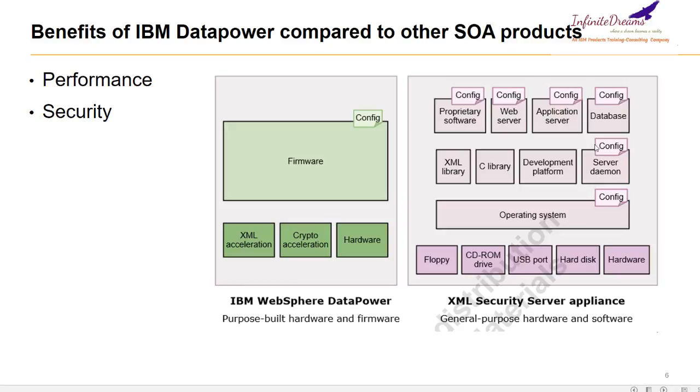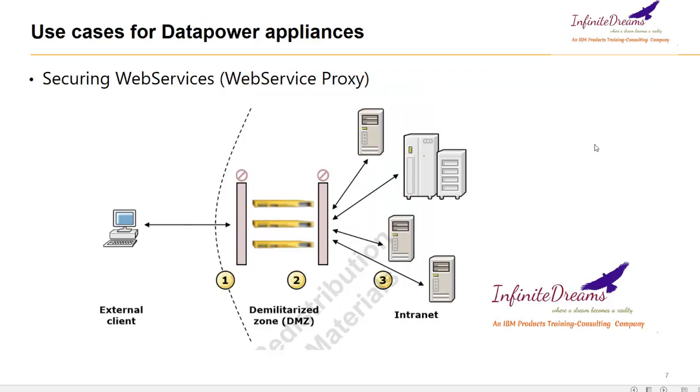Now in the next few slides we will discuss the different use cases where IBM Data Power can be used. The first use case is called securing web services, or a web service proxy.